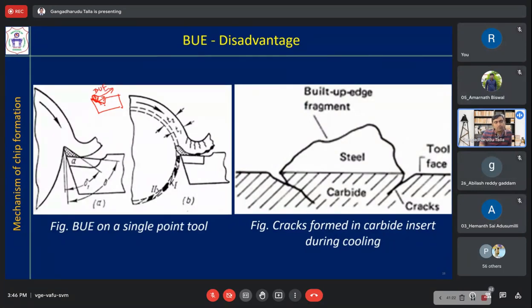So along with that, some portion of the tool material will also go. So then it is weakening the tool. So that is also one disadvantage.